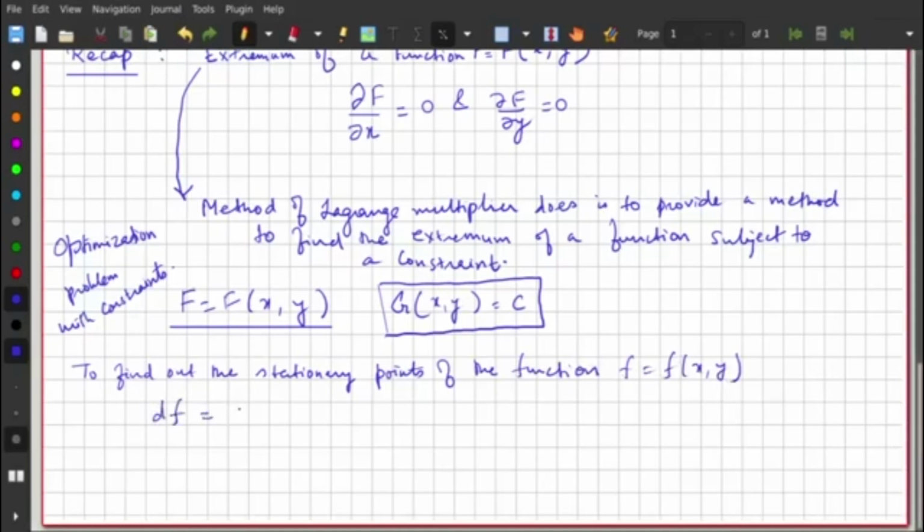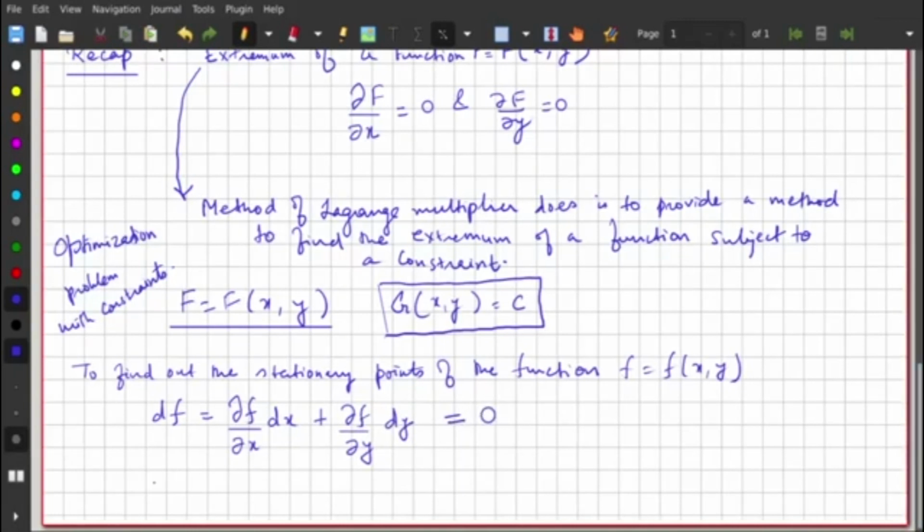We can write df in terms of the partial derivatives: partial f partial x dx plus partial f partial y dy. And since we want to find the stationary points, that means locally the function does not change. So that is the condition that we are looking for.